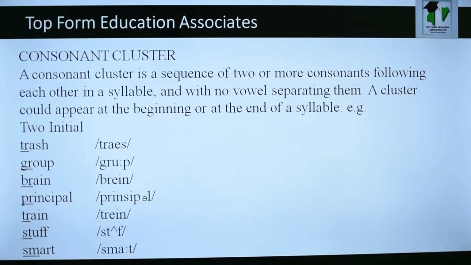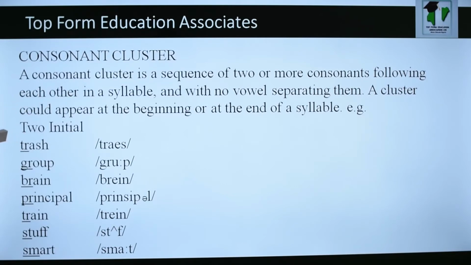So a consonant cluster is a sequence of 2 or more consonants following each other in a syllable and with no vowel separating them. A cluster could appear at the beginning or at the end of a syllable. You know what syllables are? Syllables are what? Units.